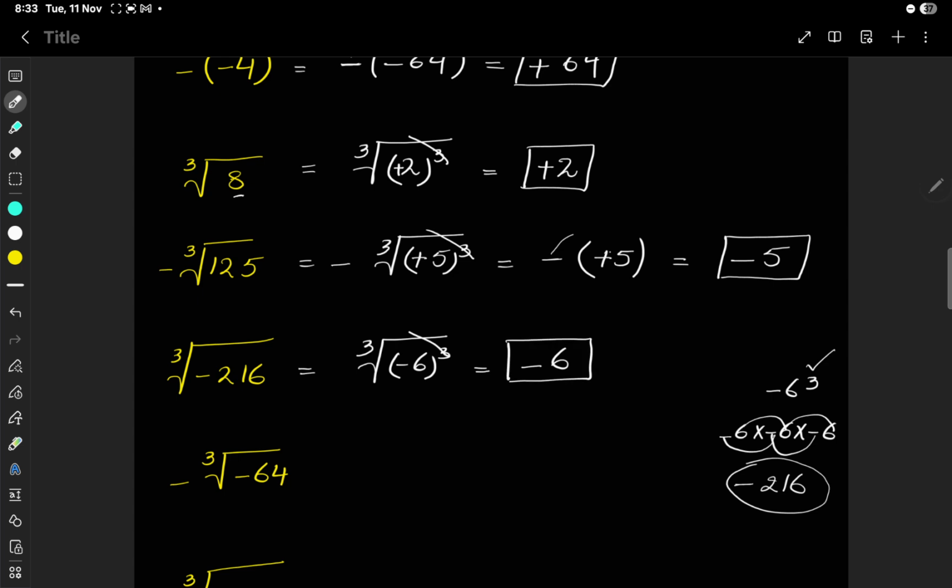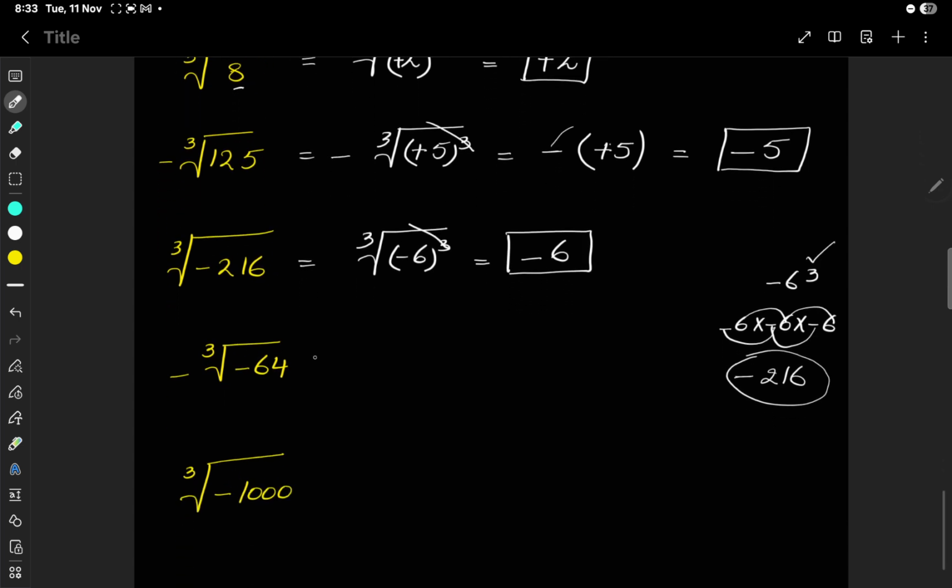Right? Now let's move on to the other part. This minus sign is outside of the cube root, so we will put it outside. Inside, we will see 64. Minus 64 should be the cube of some number, and yes, it is the cube of minus 4. It is a negative number, so it is the cube of negative 4.